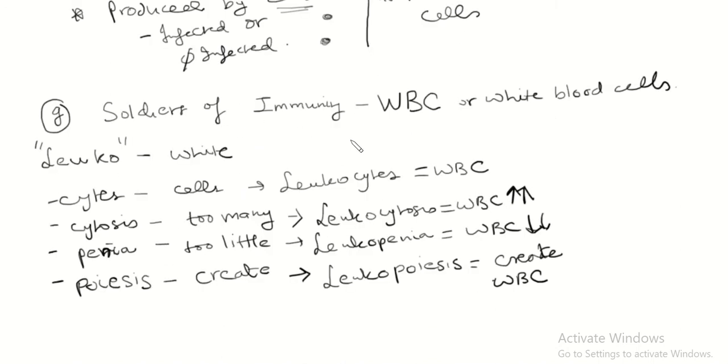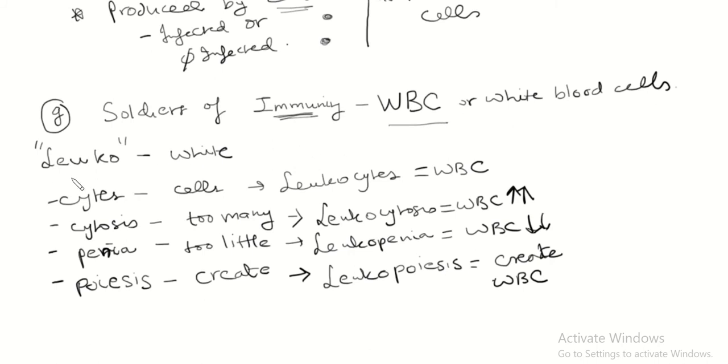The next thing to look at are the soldiers of immunity. These are the immune cells. Remember we talked about chemicals that help us coordinate, cytokines and chemokines, and then we have soldiers that actually do the work. They are white blood cells, or WBCs.